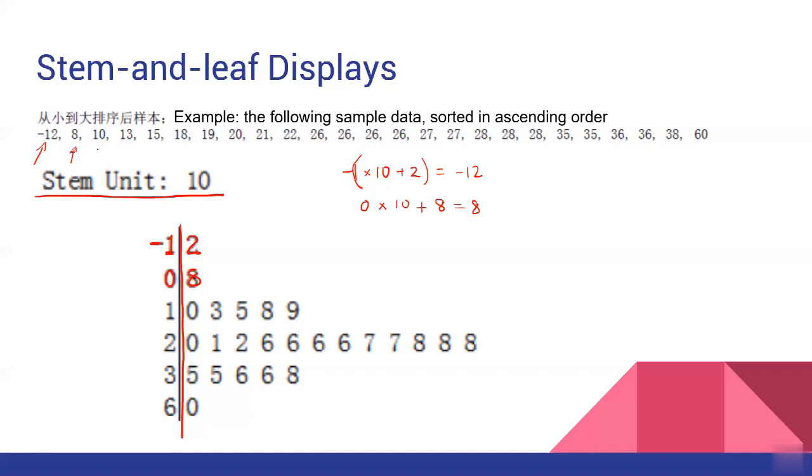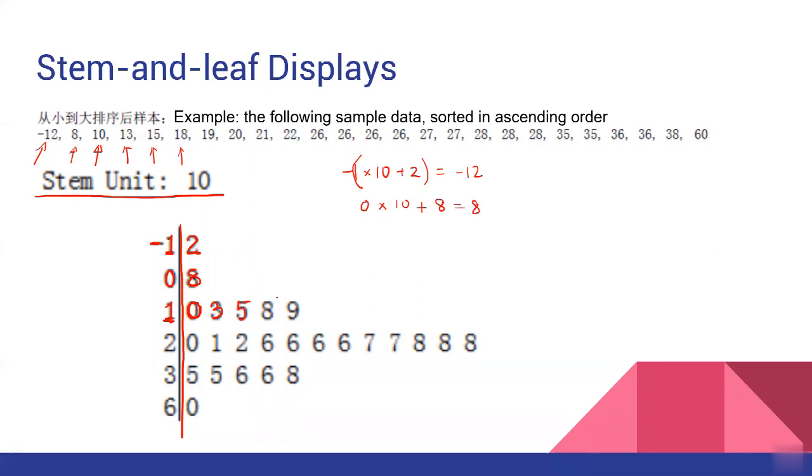Next one, 10. 10 has a stem of 1, so we put 1 here. And for 10, we only have one 10, so we put 0 here. Next, we have 13. 13 has a stem of 1 and a leaf of 3, so we put a 3 here. Okay. Next one is 15, so we put a 5 here.